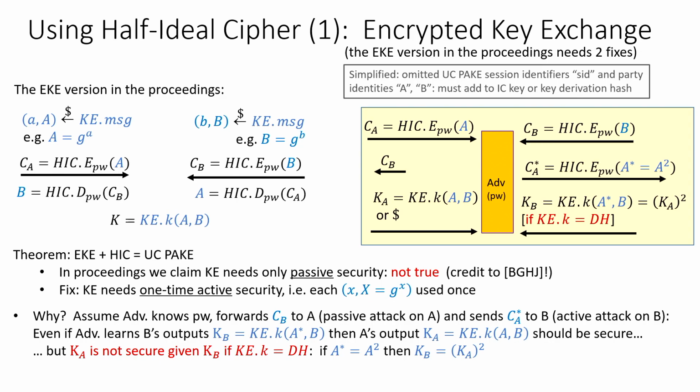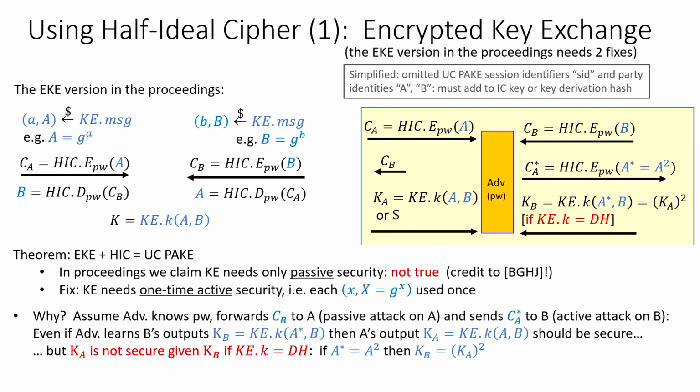So the attacker knows the password. He sends Bob's message to Alice, so she computes Diffie-Hellman on AB, but he gives his own contribution A star to Bob. So Bob computes the key on A star B. And now if, for example, A star is A squared, then one key is the square of the other, if you use plain Diffie-Hellman.